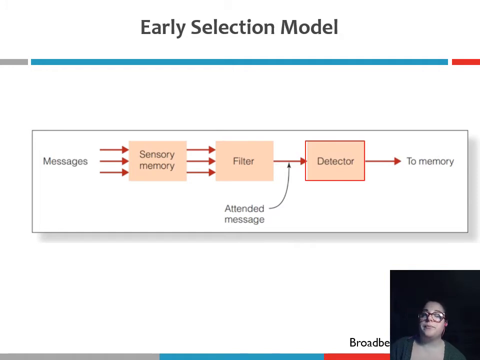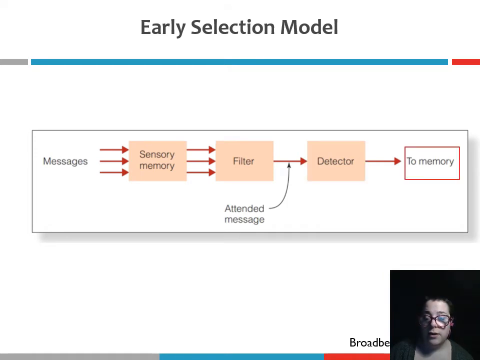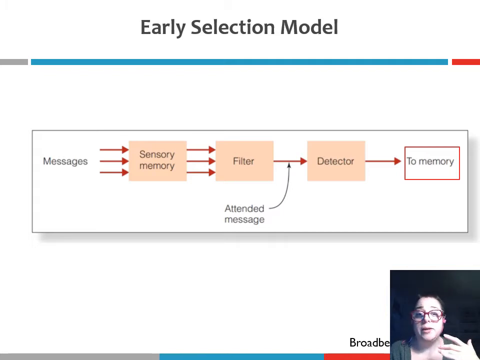So at the very last stage of Broadbent's early selection model, the output from the detector is going to be sent to short-term memory, which we know is going to hold the information for about 10 to 15 seconds, and then transfer it to long-term memory where it's held indefinitely.